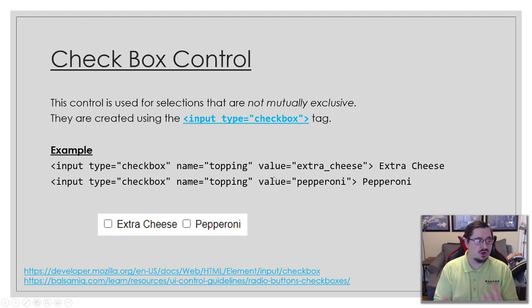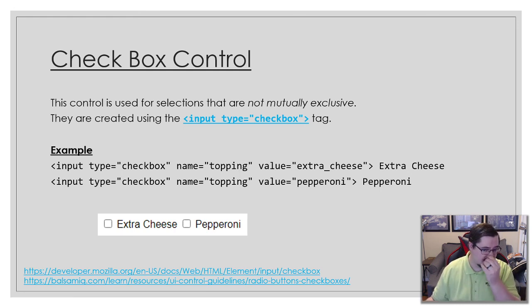So you can actually check both of these things, and if you do check both of them, remember what I said previously, it's going to send it to the server using the name and the value. With radio buttons, it's just that one, but with checkboxes, you can actually end up with an array of values going to the server.